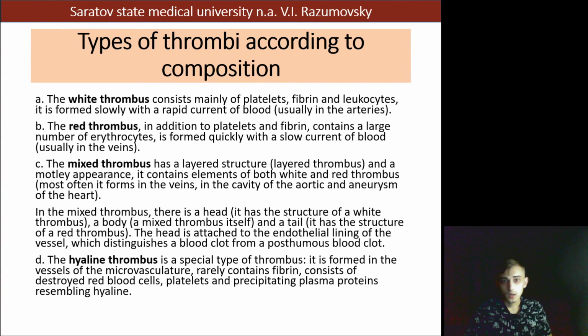It is rarely formed in vessels of the microcirculatory bed. It contains fibrin, consists of destroyed red blood cells, platelets, and precipitated plasma proteins, and it looks like hyaline, so it gets the name hyaline thrombi.